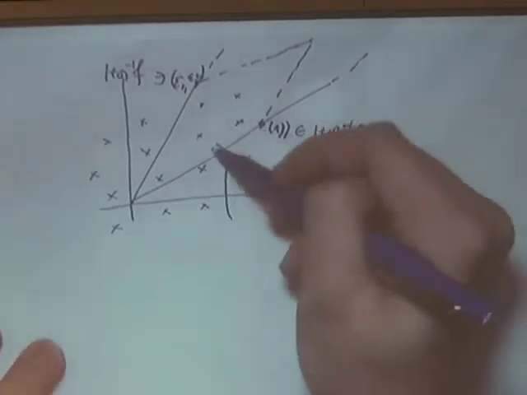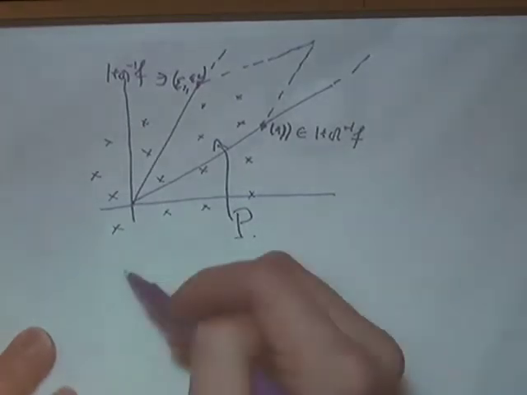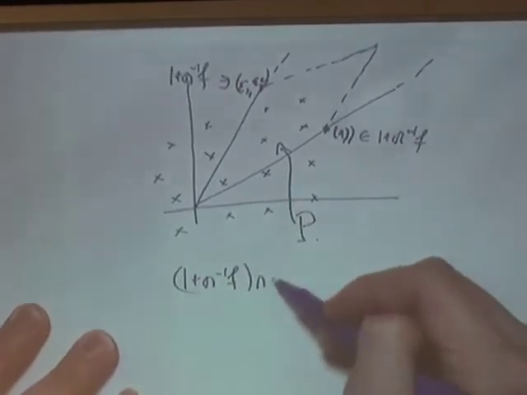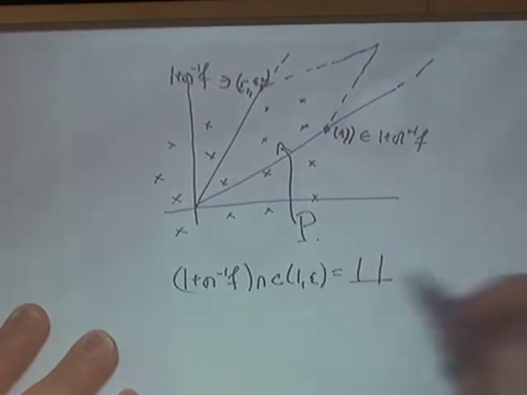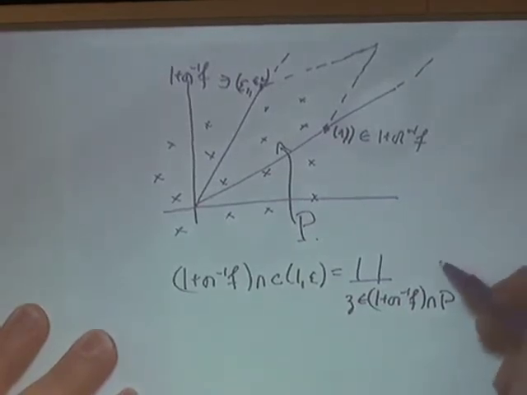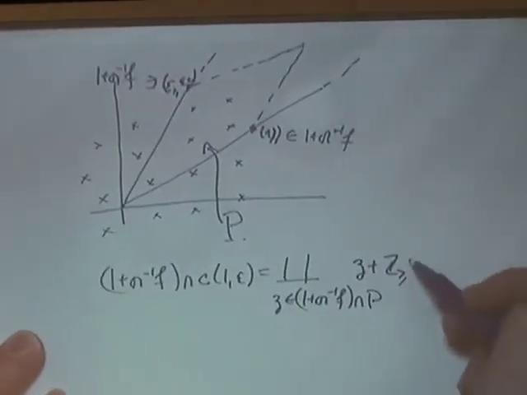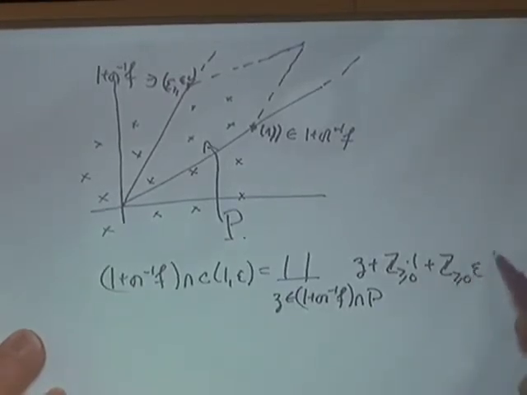So let me call this fundamental parallelogram P. And what one can show is that 1 plus A inverse F intersect this cone, C of 1 epsilon, is the disjoint union over points Z in 1 plus A inverse F intersected with this fundamental parallelogram of the sets z plus non-negative integer multiples of 1 plus non-negative integer multiples of epsilon.